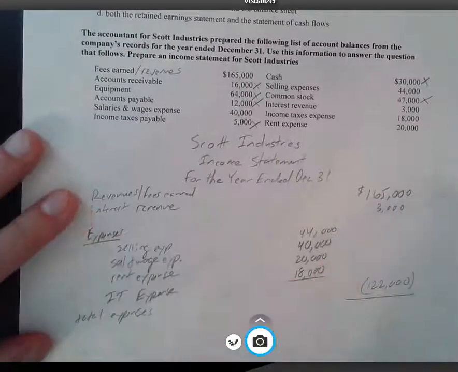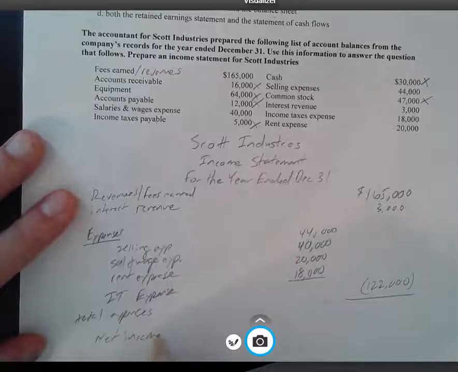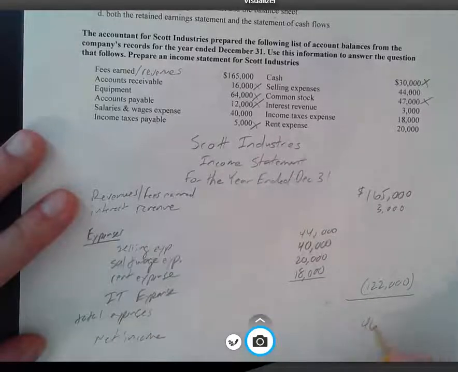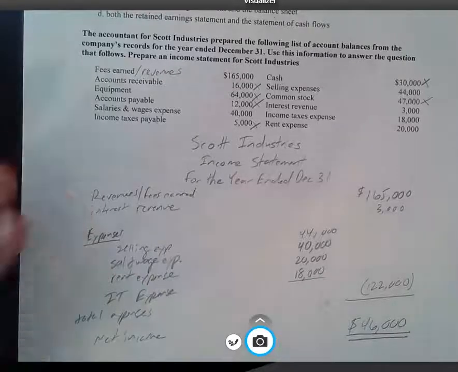So what that means is our net income is $46,000. Okay.